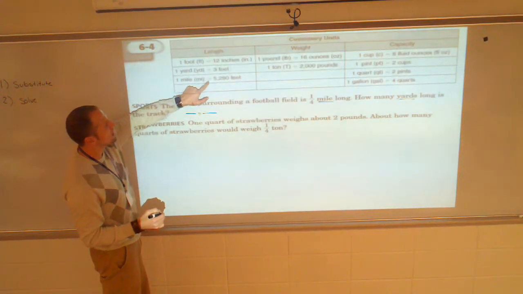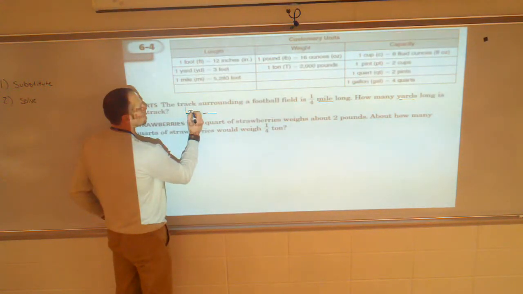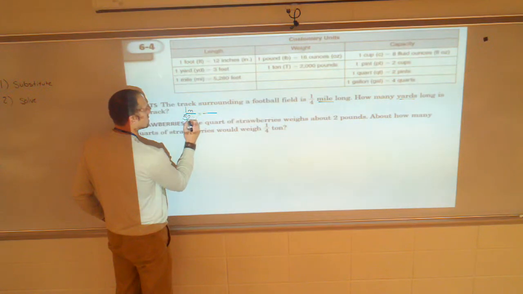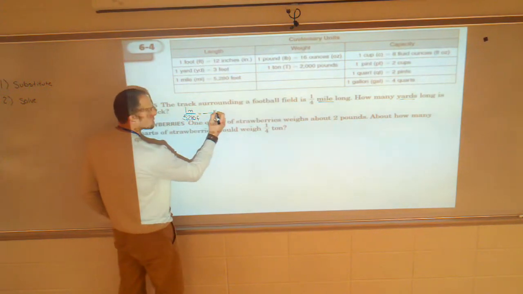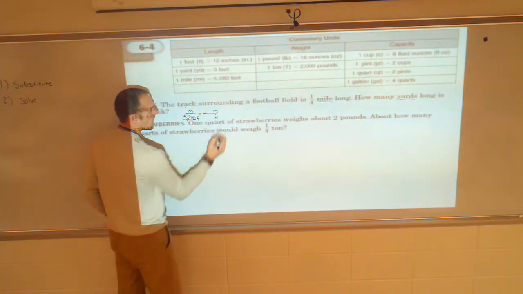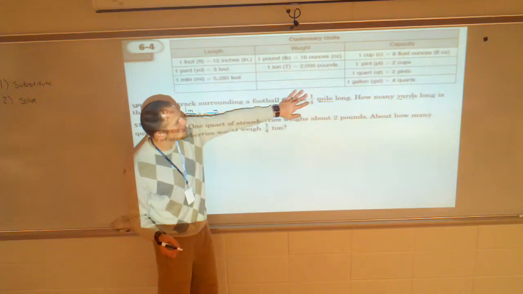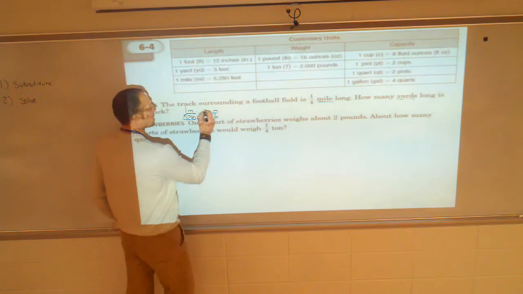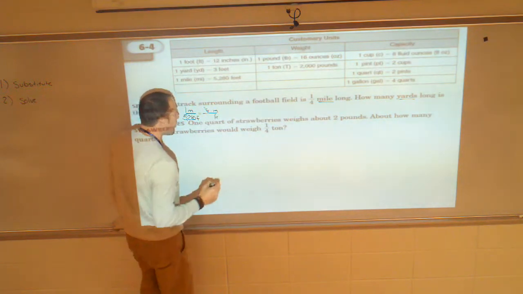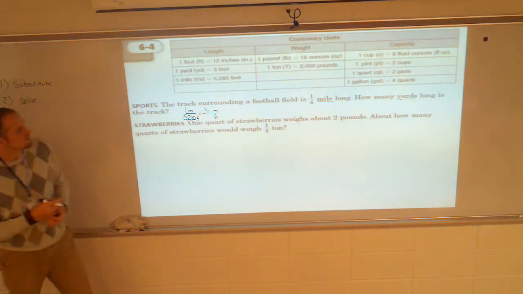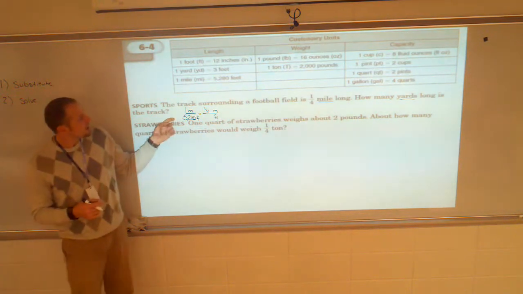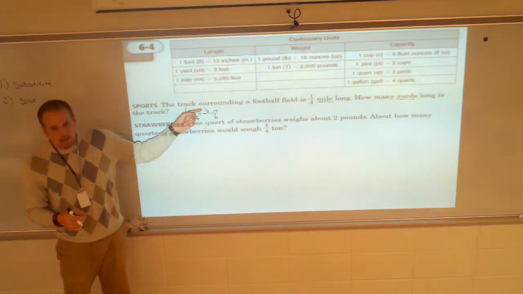1 mile is 5,280 feet. Carry your units across, and look back at the problem. We have 1/4 of a mile. You can write 1/4, you can write 0.25. 5,280 times 1/4.